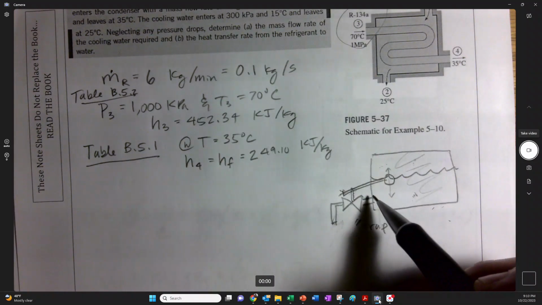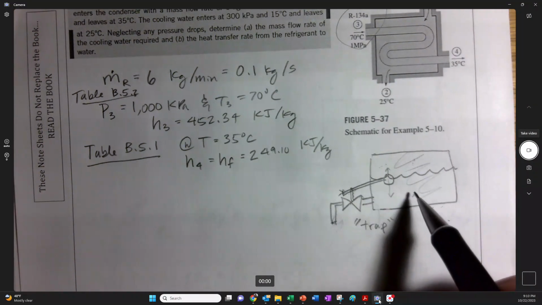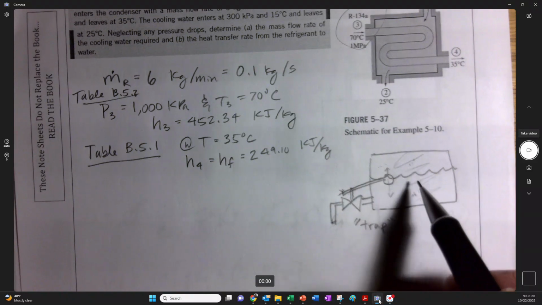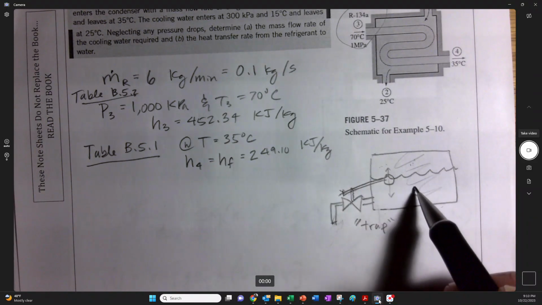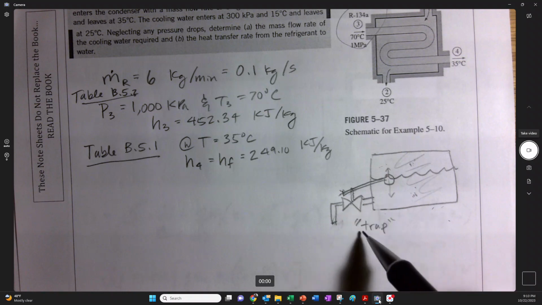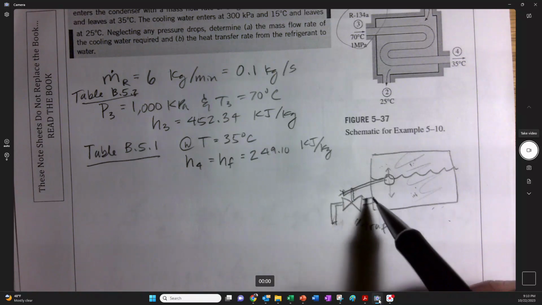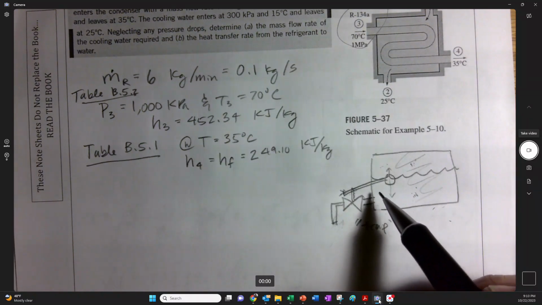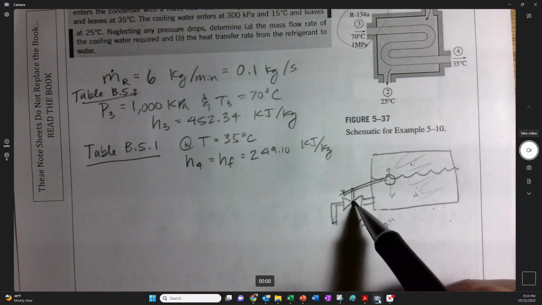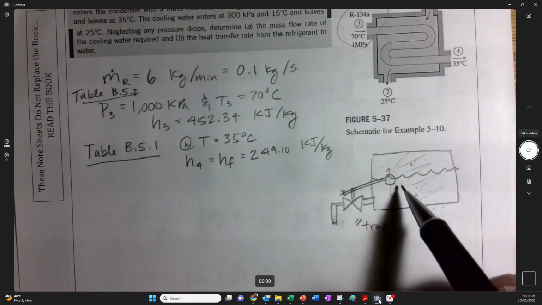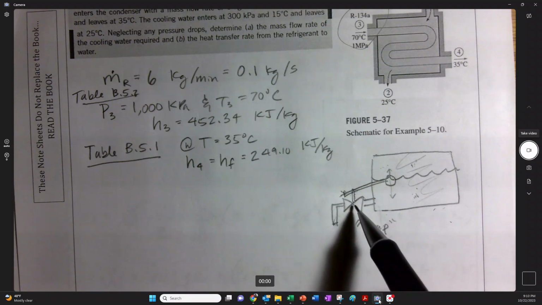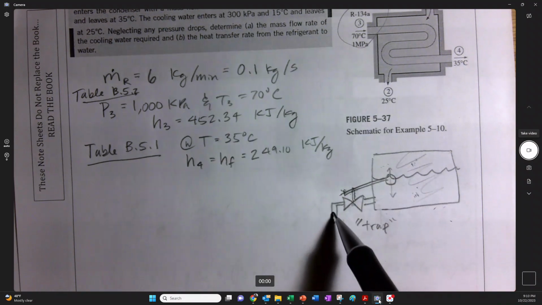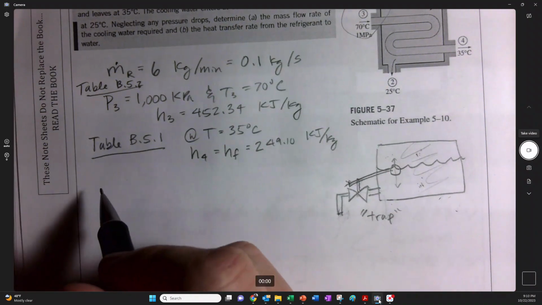This little level control makes sure there's always a combination of liquid and gas in there. A lot of times there'll be a steam trap, and if you were using live steam in a radiator, you would hear all kinds of noises because of the change in phase. And if your trap breaks, that steam's just going to go right through there and it won't work very well.